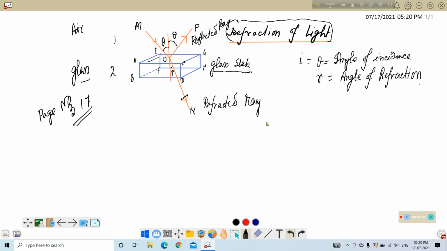Laws are given in the NCERT book also, page number 317.